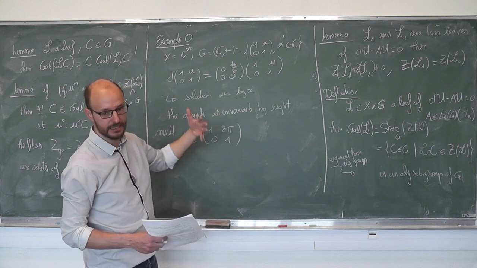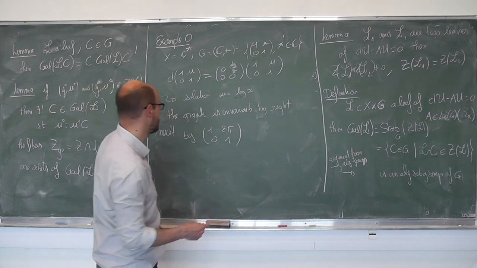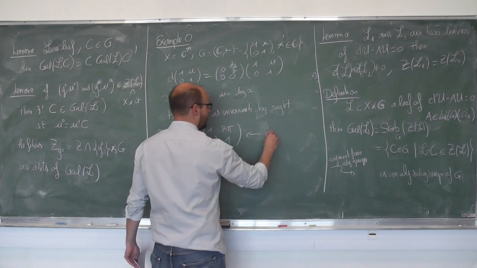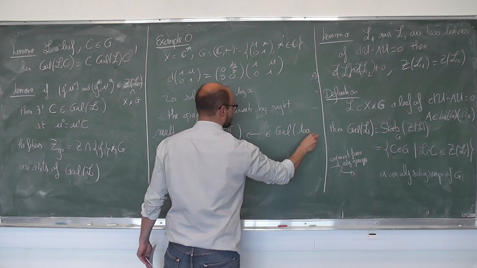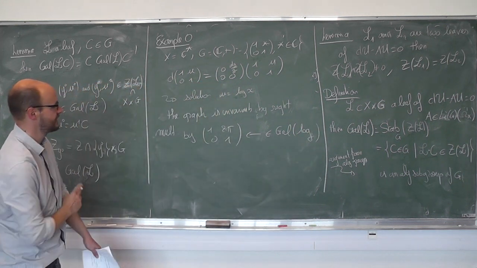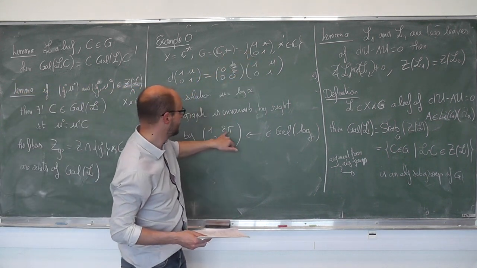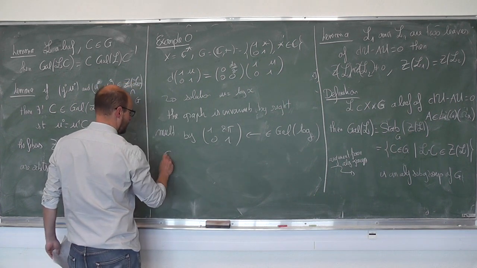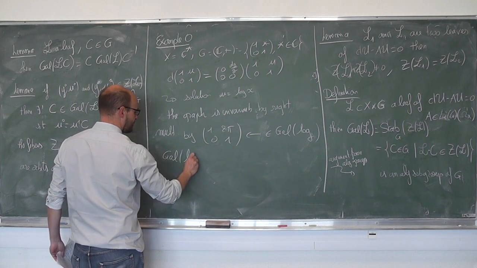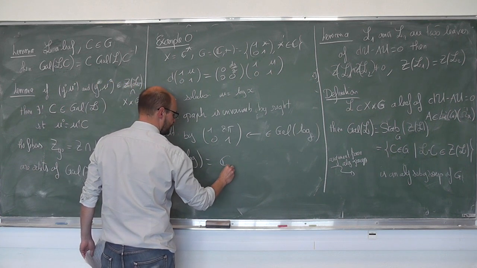As it is stabilizing the graph of the solution, it is stabilizing the Zariski closure of this graph. So this means that these belong to the Galois group of the logarithm. But if the Galois group is a subgroup of this one that vanishes on all multiples of 2i pi, then the Galois group of the logarithm is the additive group.